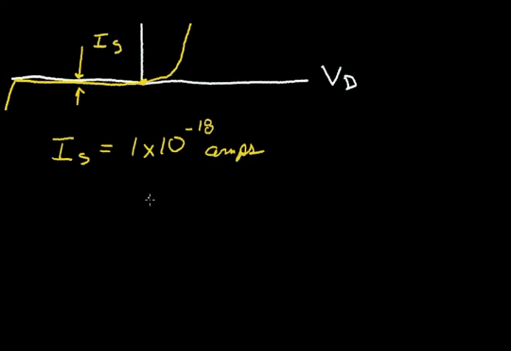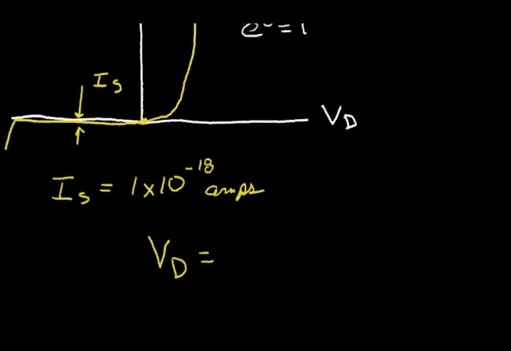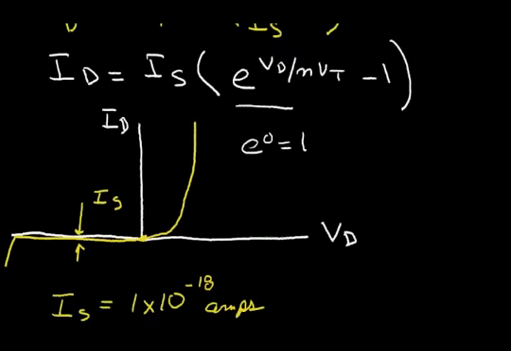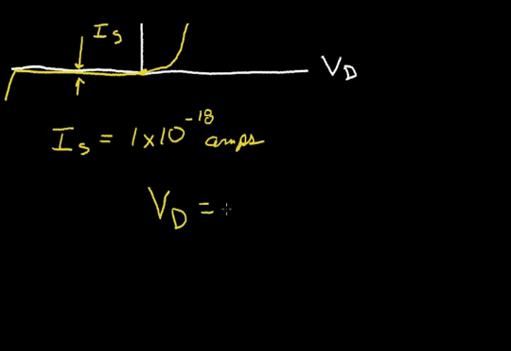So let's solve for V sub D, which is equal to N V T, and N for our diode will be approximately 1, and the V T will be 0.026 volts, times the natural log of I sub D over I sub S. Let's solve this for a current of 1 milliamp.